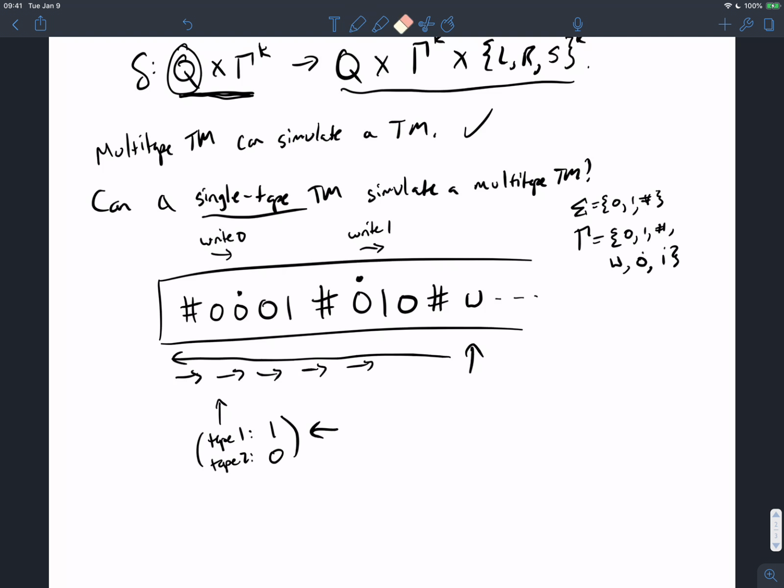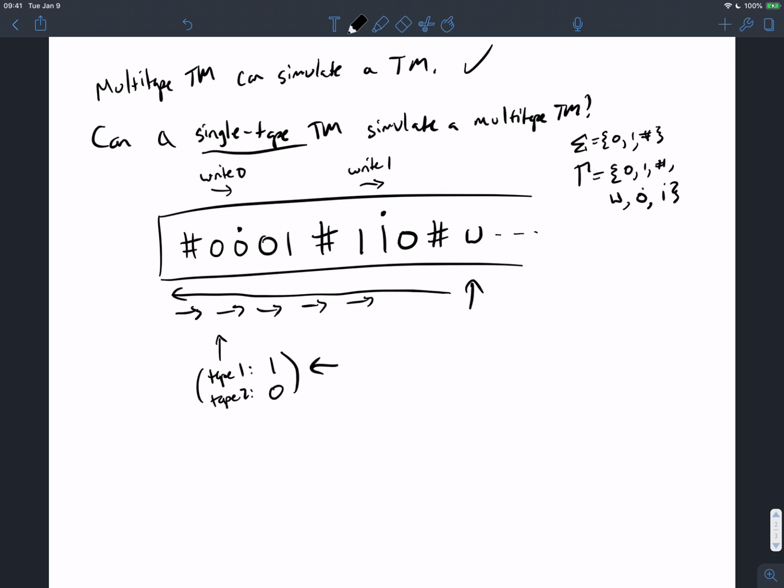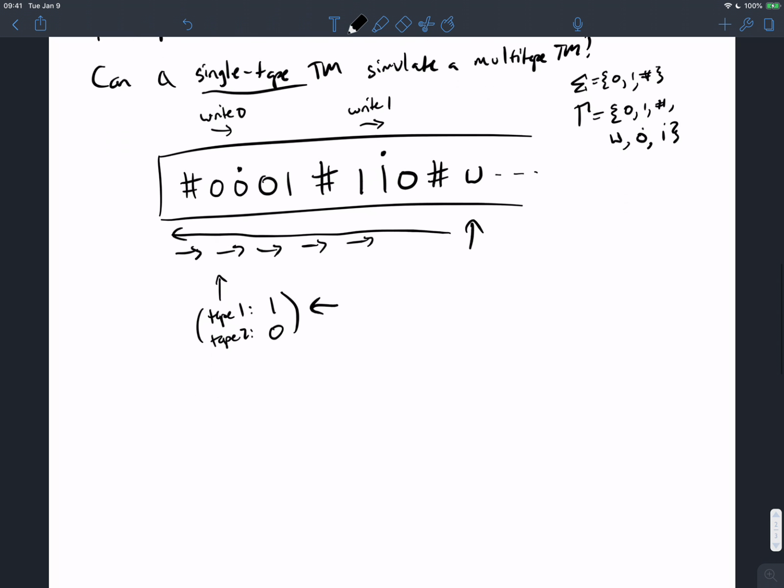For the second one, the dot will go away and appear on the second symbol. And the 0 will be a 1 because we wrote a 1. So now we are simulating a single transition of the multi-tape machine via two entire passes of this tape.